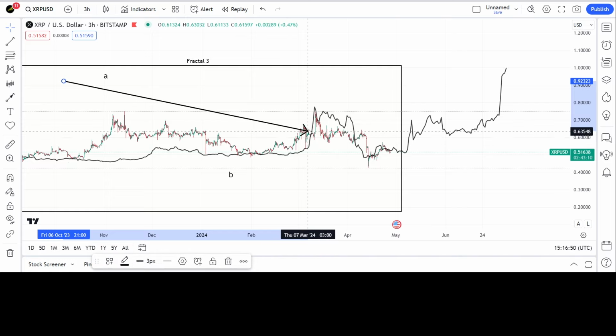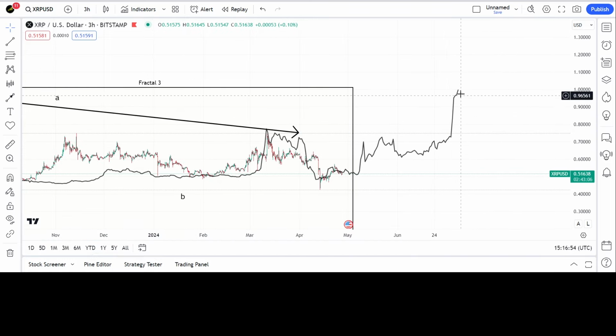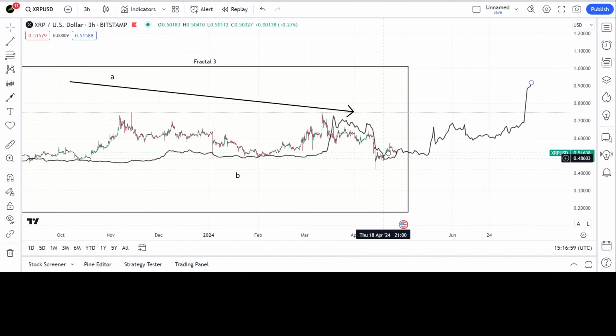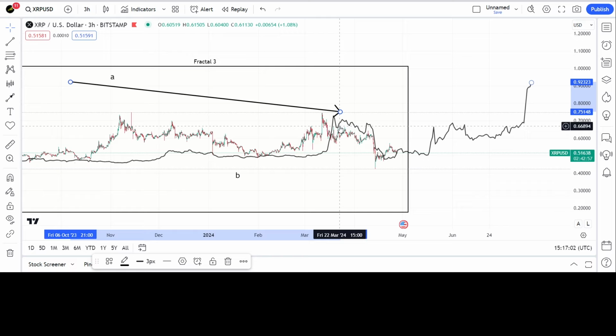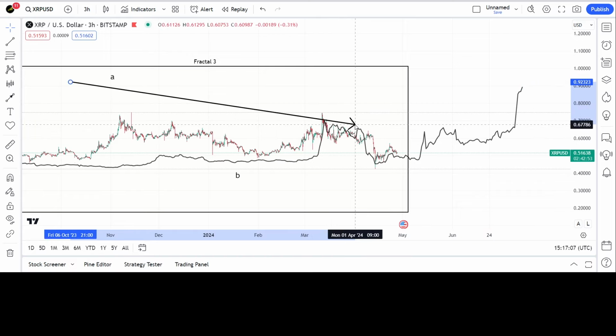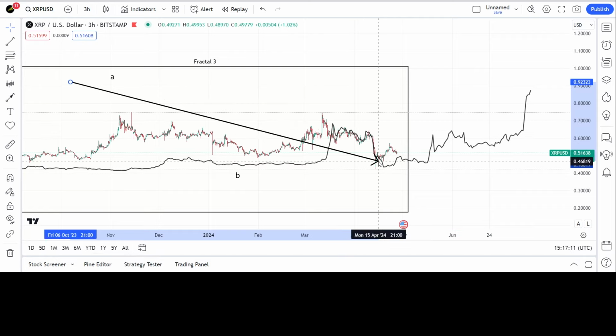So you have this move up, it then kind of winds its way down. Let's make it a little bigger. Anyways, this right here could match this. So you have this peak here, it then kind of, here, let me move this over here, does this bounce, and then it crashes.